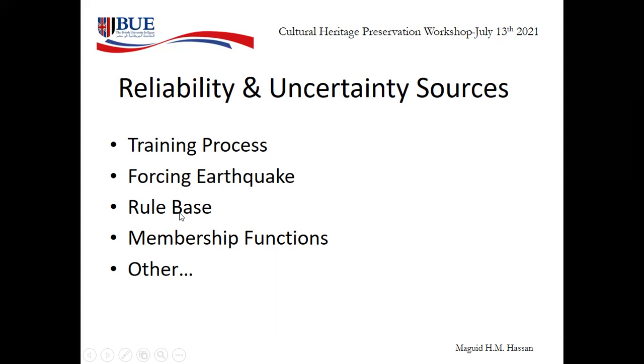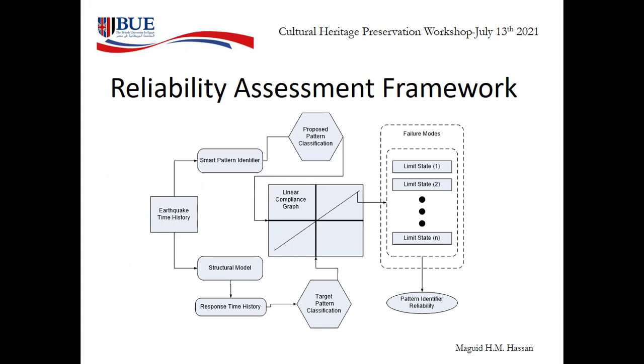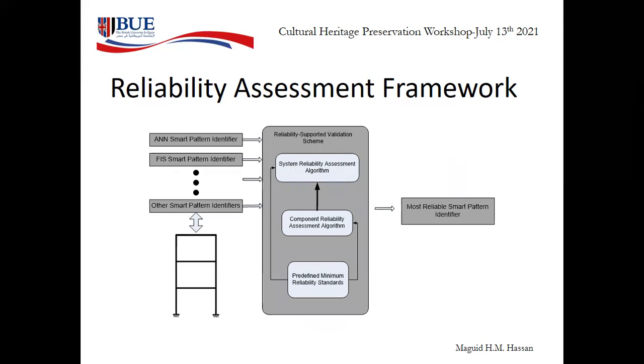So there's a lot of uncertainty involved. So we developed a reliability assessment framework to identify failure modes for the processor itself, or the pattern identifier itself. And using these failure modes, we can calculate the reliability, and then adjust the design until we reach an acceptable level of reliability.